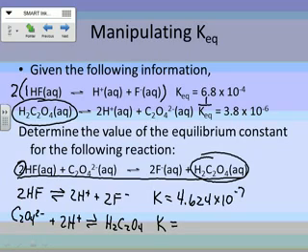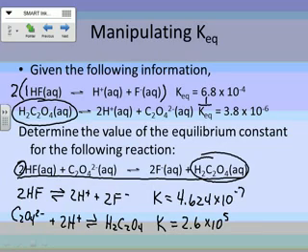So we take 1 divided by 3.8 times 10 to the negative 6th. That ends up being 2.6 times 10 to the 5th.